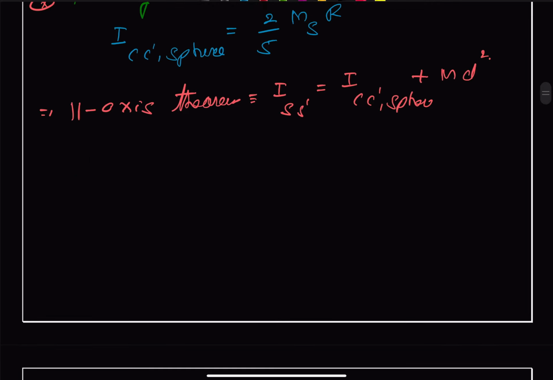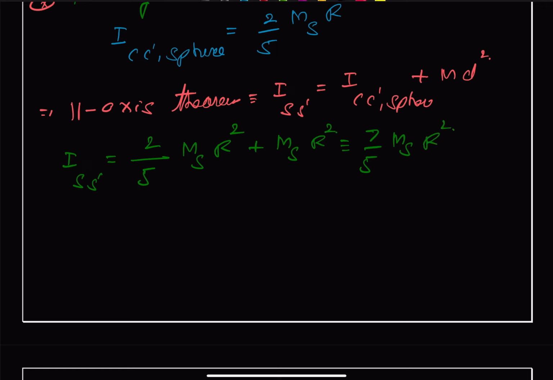So we substitute and we get I S prime will be equal to 2 by 5 Ms r square plus Ms r square, and this comes as 7 upon 5 Ms r square.